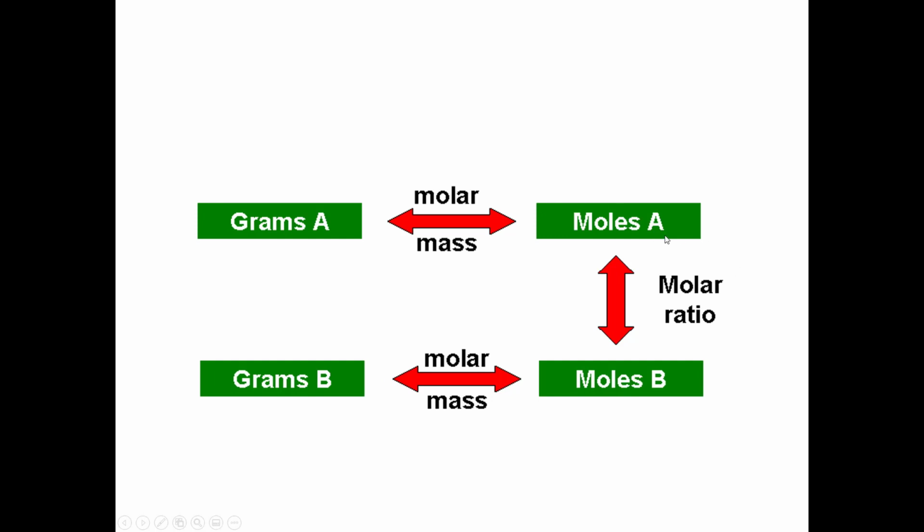I don't know if this chart helps you or not, but it kind of shows why we have to do what we do. Today we'll be going from moles of A to grams of B, going through these 2 steps here, molar ratio, and then also bringing back the molar mass. It's been a while since you've had to calculate a molar mass, so hopefully you still remember how to do that, because we will use molar mass in our conversions.